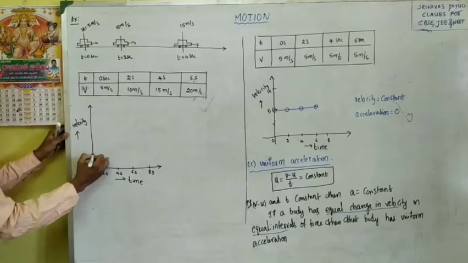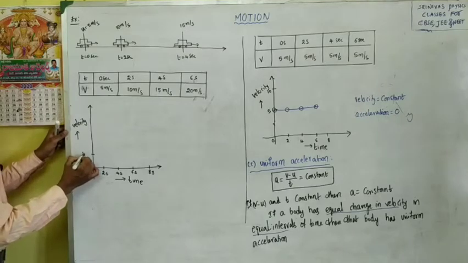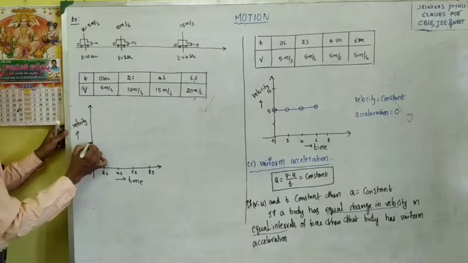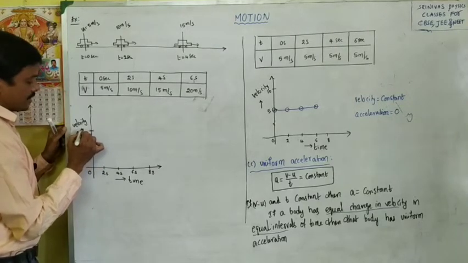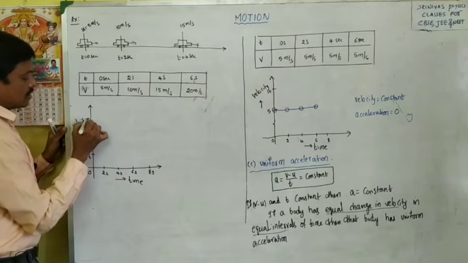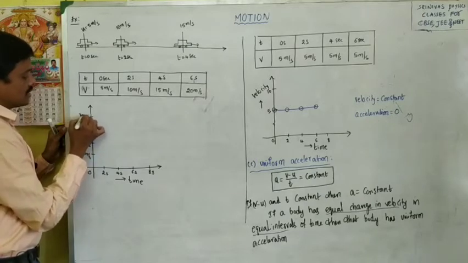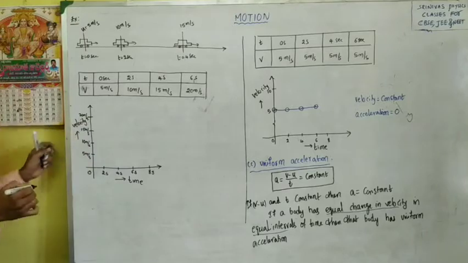And the velocity we will take as 5 meter per second, 10 meter per second, next 15 meter per second, 20 meter per second. Actually, we should draw this on graph paper.